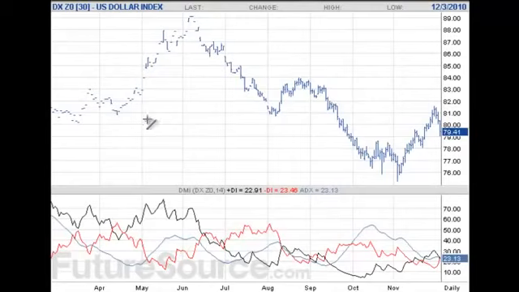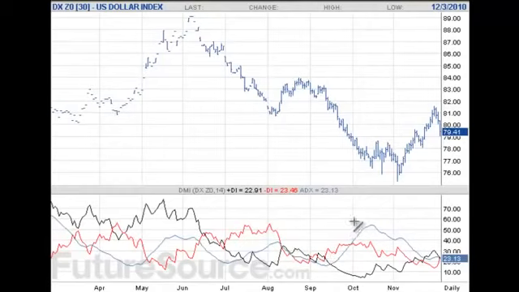So let's look at here. Here we have the US dollar. It broke resistance. The ADX turned up. Market went in a bull run. Over in here, especially over in here, we broke support. The US dollar went in a bear market. The ADX rose.